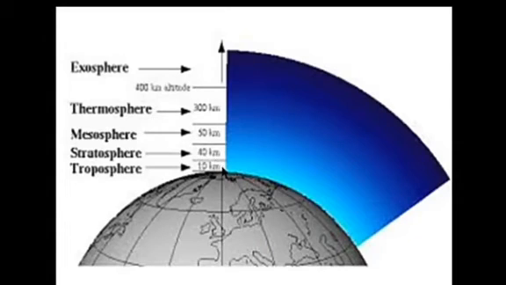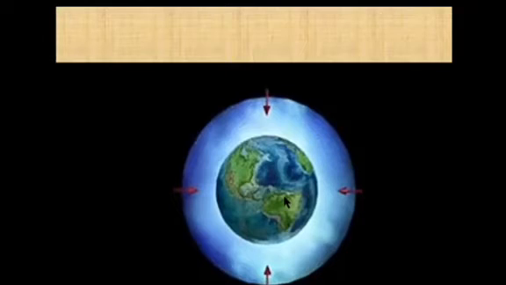This atmosphere extends up to several kilometers. The atmosphere is divided into troposphere, stratosphere, mesosphere, thermosphere and exosphere. The amount of force of the atmospheric air that acts downwards on unit surface area of the earth is known as atmospheric pressure.